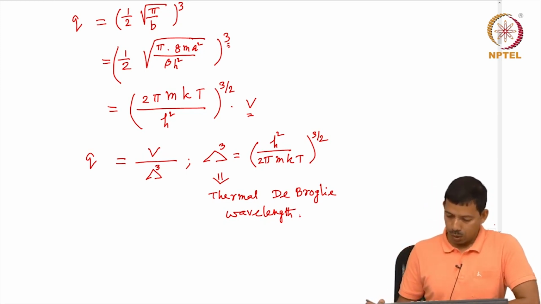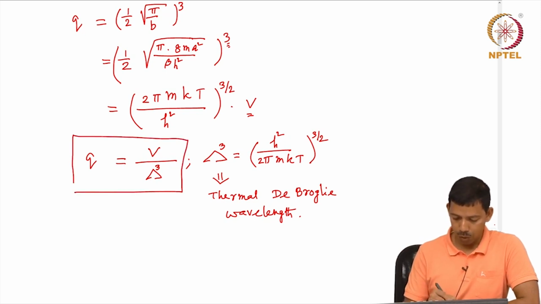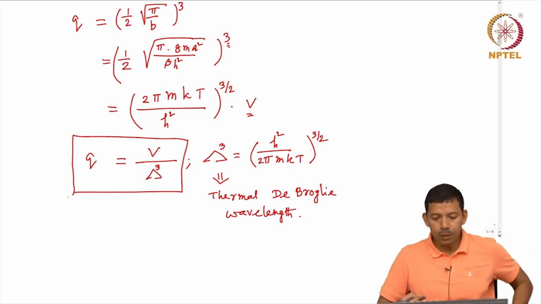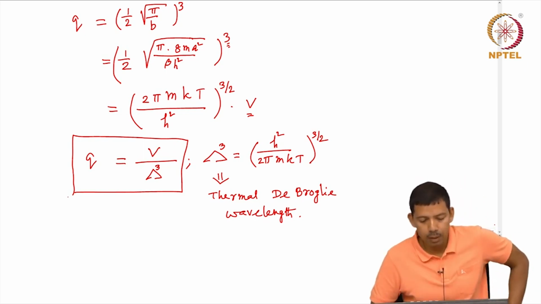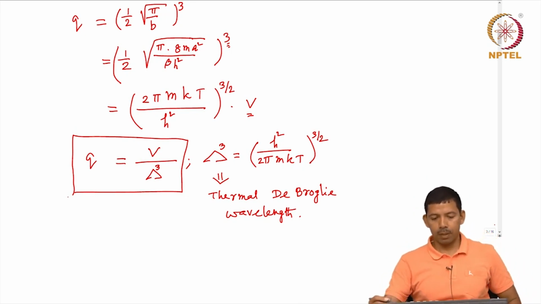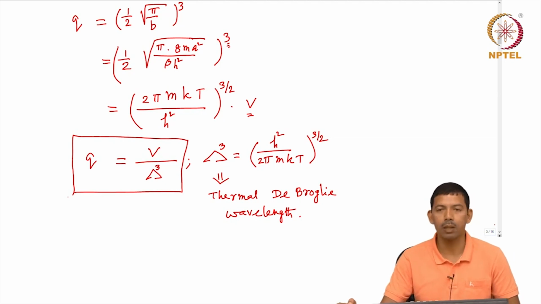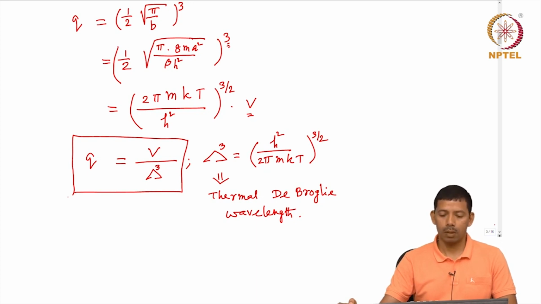Okay, so this is the expression we were looking for, and we got it finally for a monoatomic gas, the expression for partition function. So the expression of partition function for a monoatomic gas is nothing but volume divided by the cube of thermal de Broglie wavelength.